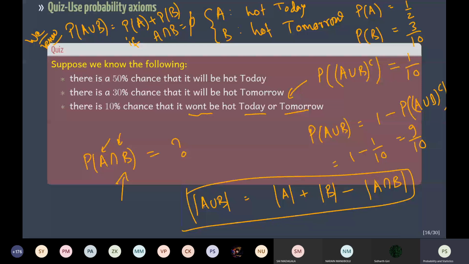So from there you can compute the probability of A intersection B.